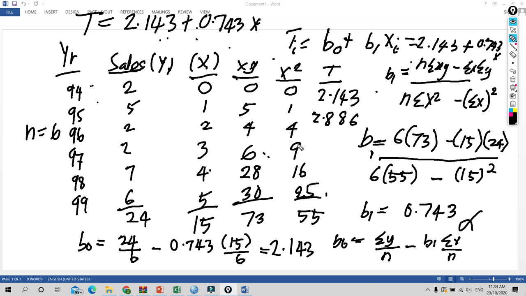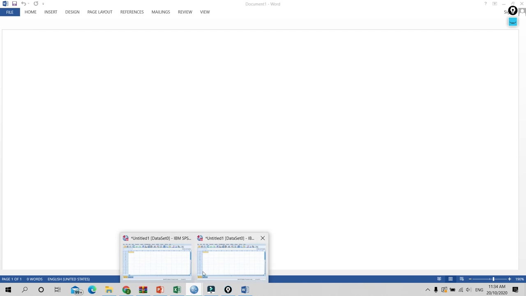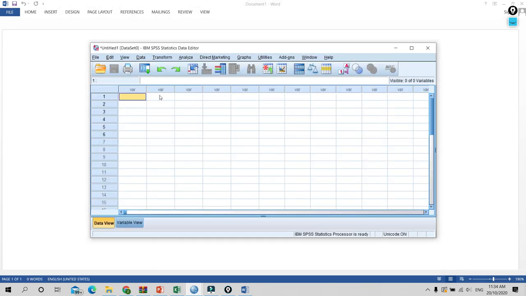But the easiest way to calculate this trend line is to use SPSS software. So I want to show you how to use the SPSS software. Just remember, our values are 2, 5, 2, 2, 7, 6. I open my software here and plug in the values. This is my SPSS. 252276.